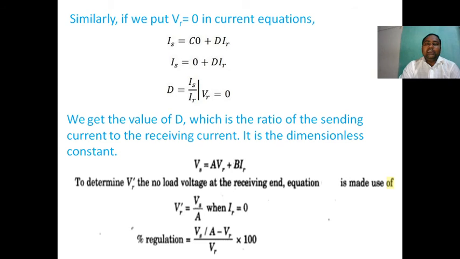We can easily derive the sending end voltage and also the sending end current for finding efficiency. And also we can know VR dash. What is VR dash? VR dash is the receiving end voltage under no load condition.